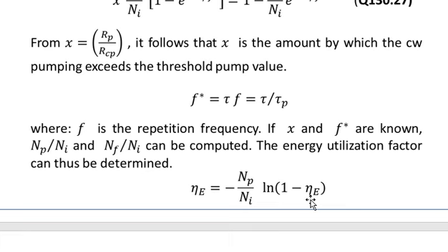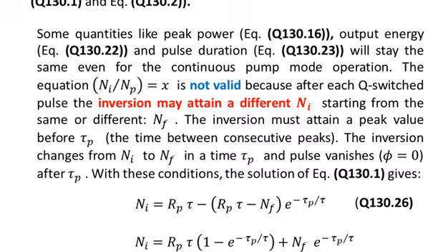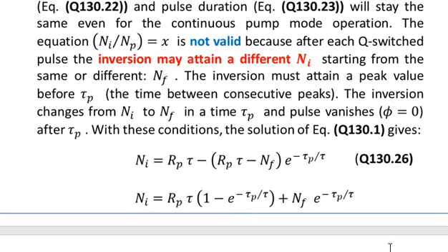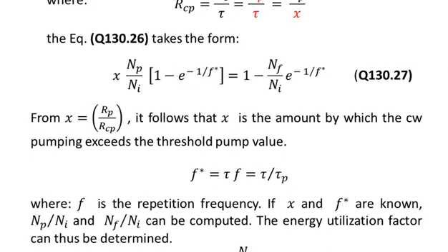So you see that we have explained the pulsed case in much greater detail, but we have not given the same detail for the continuous case. But because most of the things will be similar to the pulsed case, the only difference was that Ni over Np is equal to x was not valid, and here we have explained how we can obtain the expression of Ni, and then we have also obtained a solution over here that can relate the required quantities.